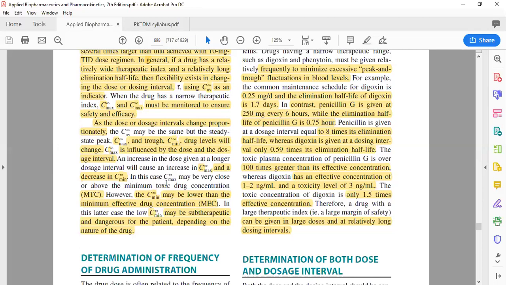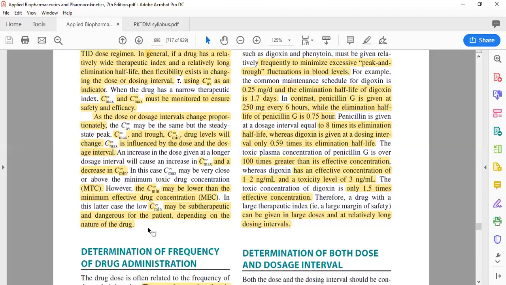So in this case, Cmax will be very close to or above the maximum toxic drug concentration. However, C minimum may be lower than the minimum effective concentration. In the latter case, that is in case of 60 milligram, a low C minimum may be subtherapeutic and dangerous for the patient, depending on the nature of the drug.